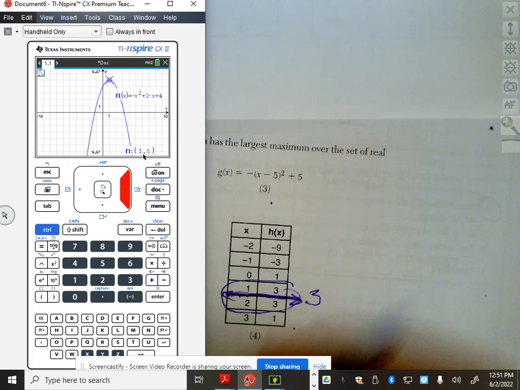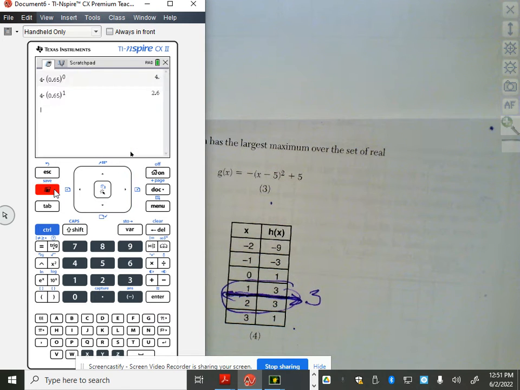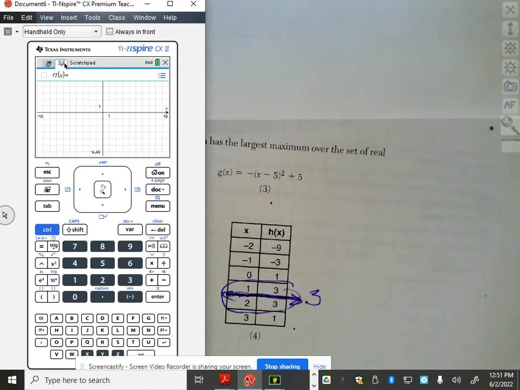And then this one we're going to type in now. So let's just add another one. Oops, wrong thing. Go here. And I'm going to type in negative, in parentheses, x minus 5, squared, plus 5.